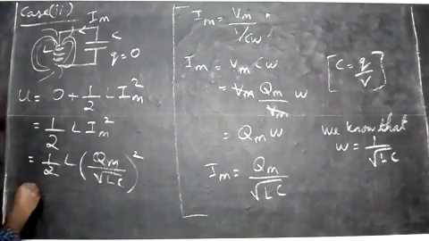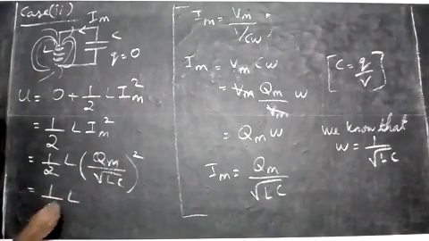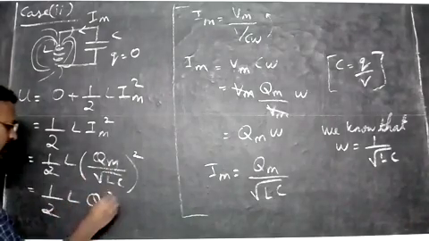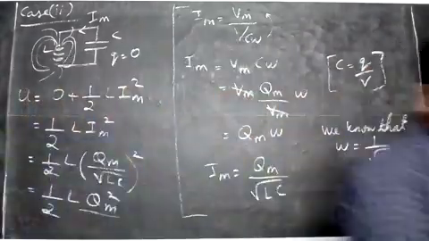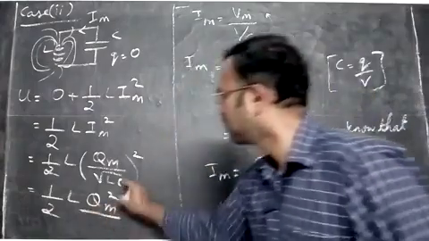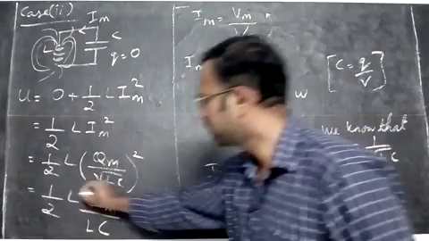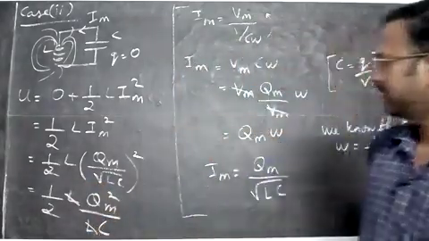In the square, we get half into L into Qm square divided by root LC squared. Let's square this. So root LC squared, we will get LC. Root will go away. So L and L will cancel. Next I'll erase the board here and write down.